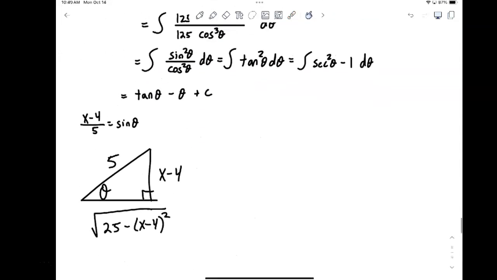Okay, and so putting this together now, tangent is opposite over adjacent.